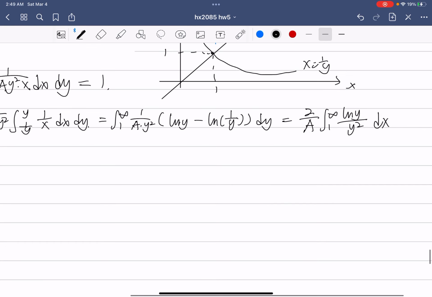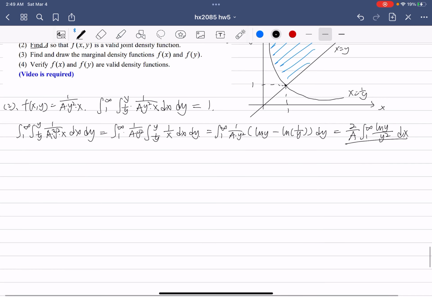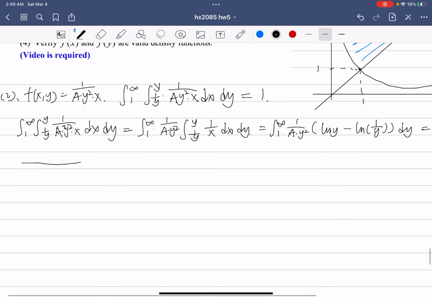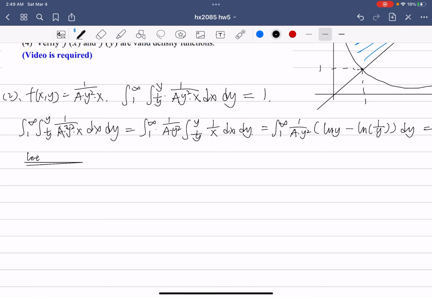To calculate this, we need to convert. Let w equal ln y, so y equals e to the power of w.